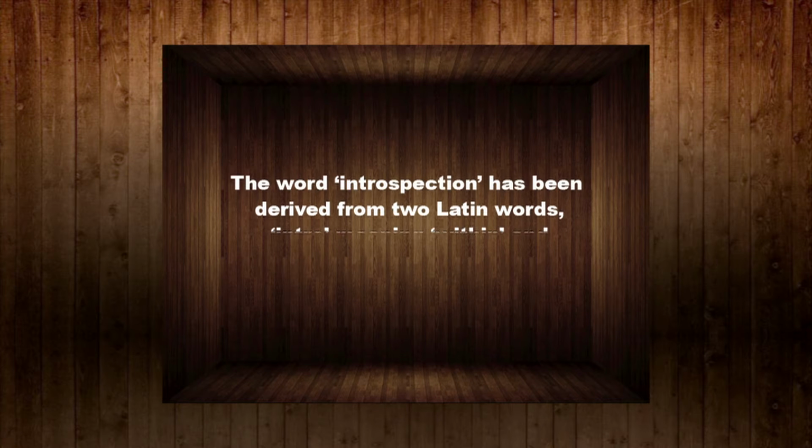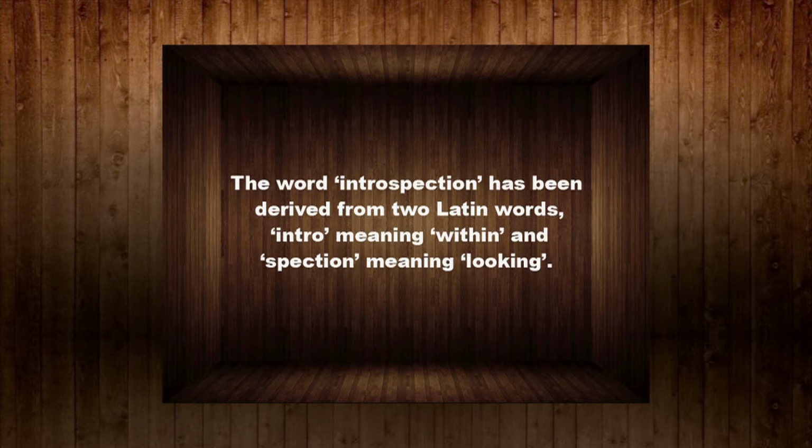Introspection is the oldest method of all, which was formerly used in philosophy and then in psychology to collect data about the conscious experiences of the subject. The word introspection has been derived from two Latin words: intro, meaning within, and spection, meaning looking.